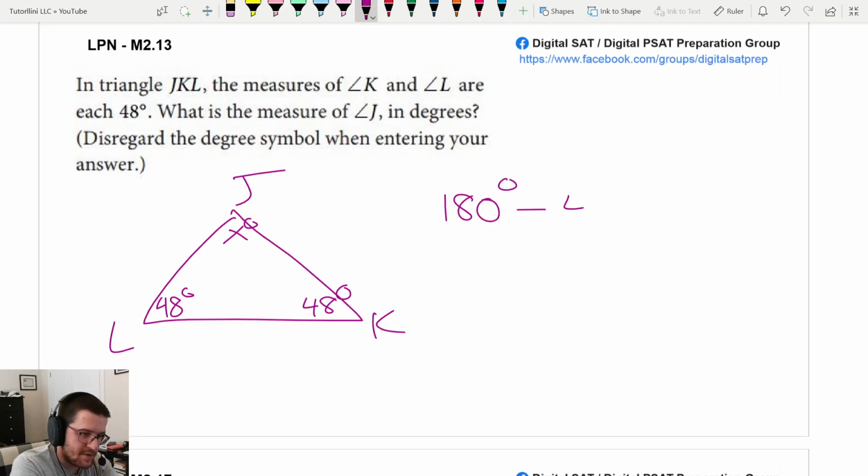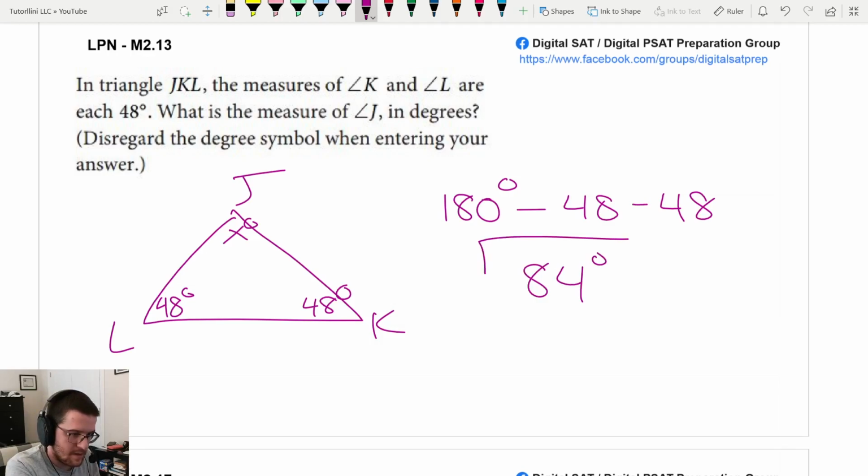So all we need to do is just subtract all the angles from 180. And we do that, and we should get 84 degrees. And let's check. That is right. Great, let's keep going.